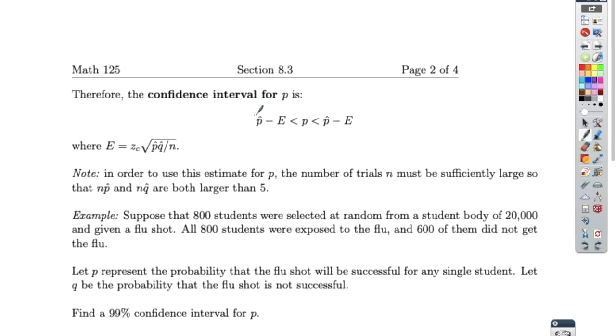So again, the confidence interval then, remember it used to be x bar minus E, and then on this side, here's another one of those typos in this packet, it used to be x bar plus E. But in our case, instead of the sample mean, we're using this point estimate for the probability.